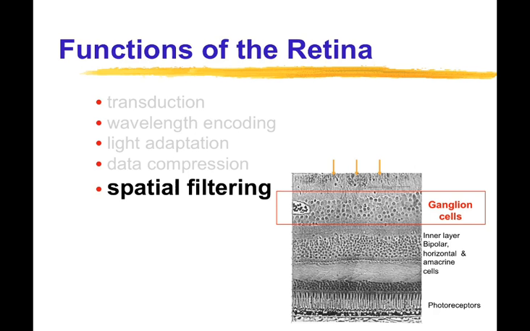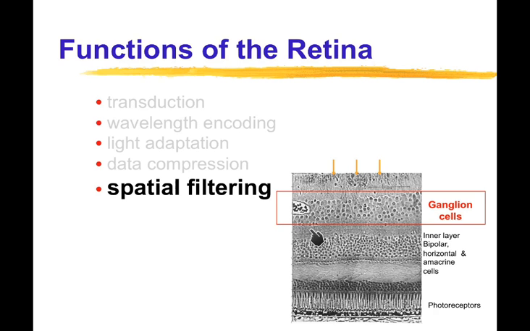Okay, so now we're going to talk about the last function of the retina, and that last function is called spatial filtering. We're going to talk about it today, and we're also going to do some retina math in the sections this week, which are going to be led by Christian. So one of the things that you should remember is that your retina does some math for you, and we call it in engineering spatial filtering.